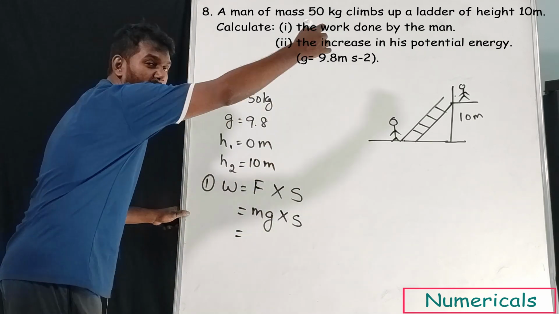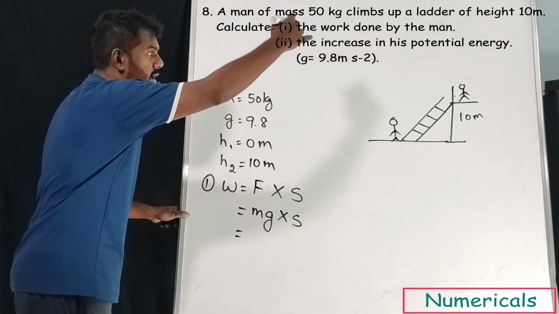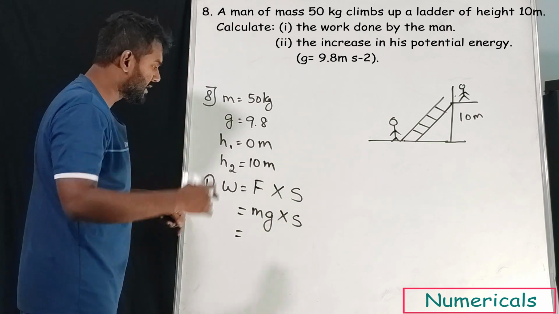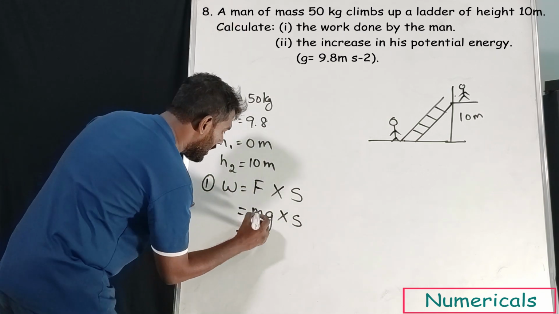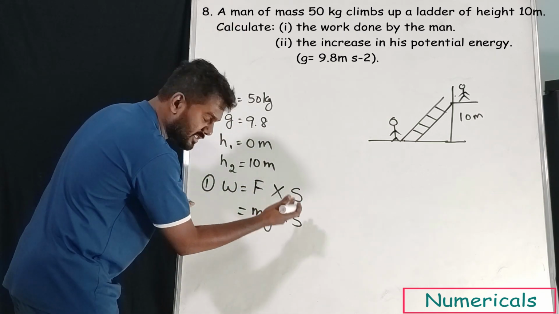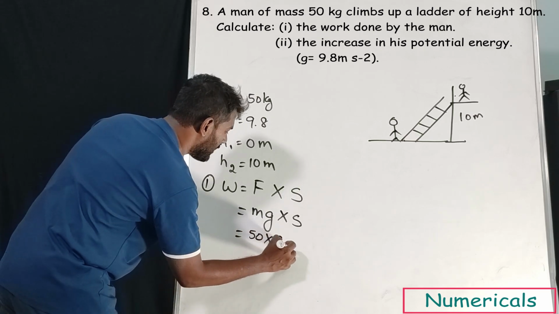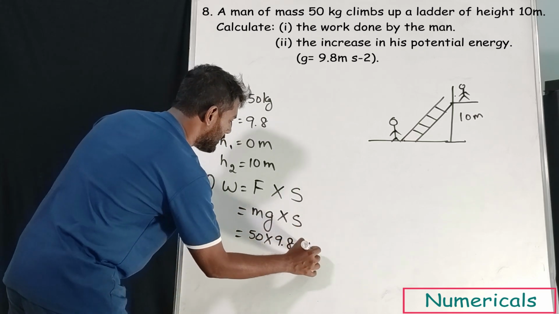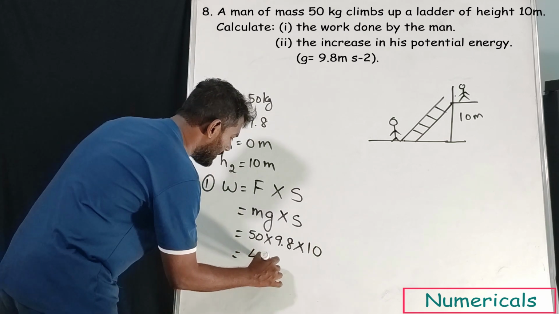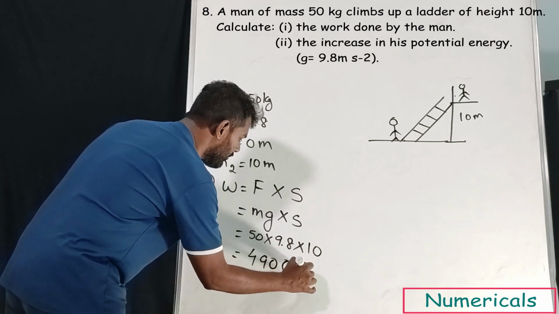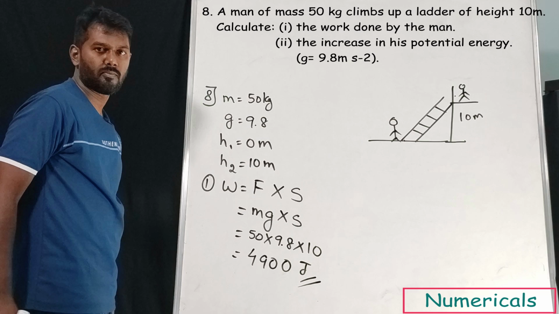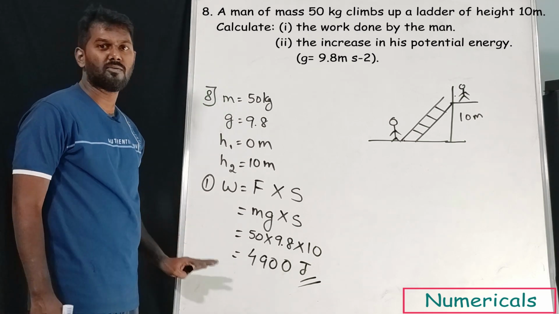The displacement from 0 meter to 10 meter is nothing but height only. So m, g, h, we can use h also. M is nothing but 50, g is nothing but 9.8, into 10. 490 into 10, that will be 4900 joules. This is the work done.